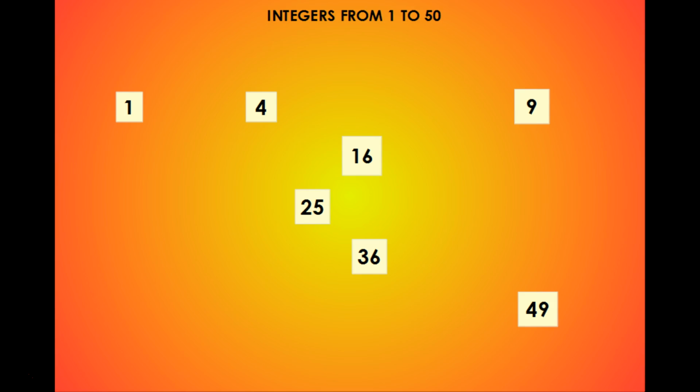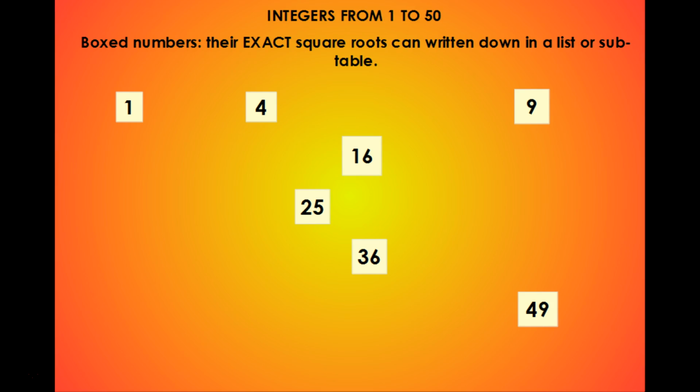Now, in that block of 50, you can say that these boxed numbers, their exact square roots can be written down in a list or a subtable, as we've just seen on the last list we looked at.